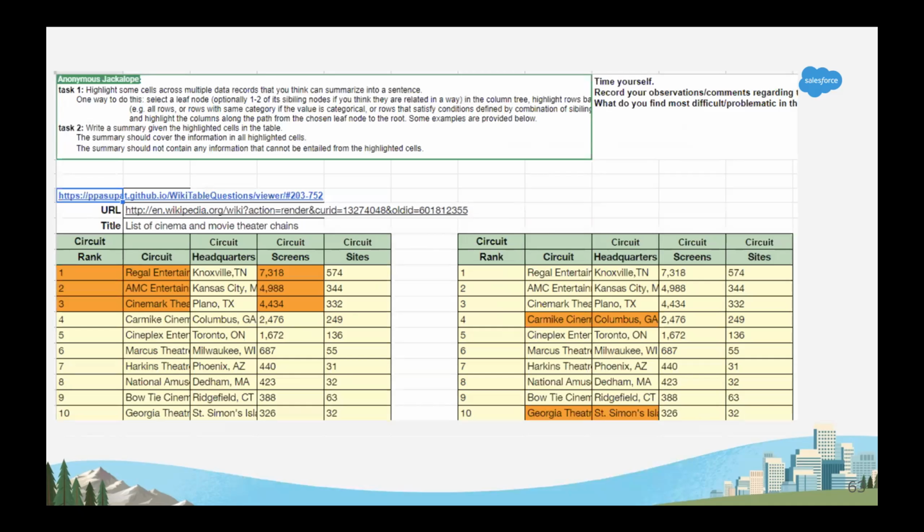So we divided this annotation task into two tasks. First, we ask the workers to highlight cells in the table, across multiple records, that they think can be summarized into one sentence. Then we send these highlighted cells to other workers and ask them to write one sentence as a summary.